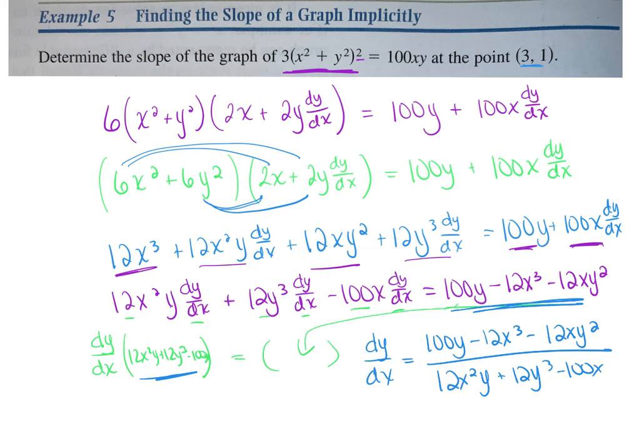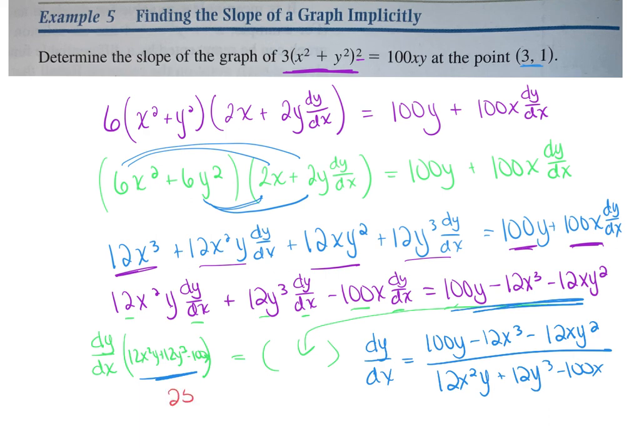Now, like if they want a derivative, I would actually reduce this. Can you see something can go into all of those? What can go into every single one of those? None of your variables match, but for your numbers, a 4, right? So if I were doing the derivative, and even if I were plugging in, just for sake of not having ginormous numbers, you can reduce all of these by 4.